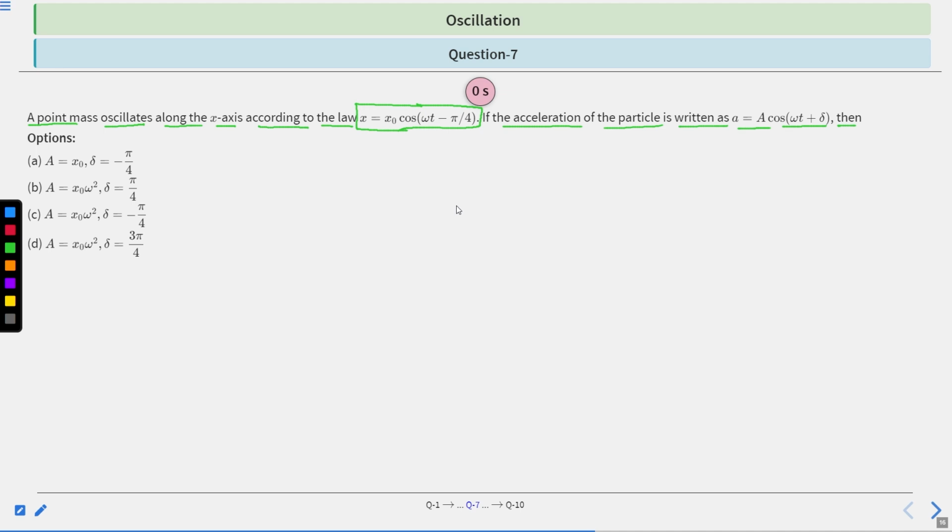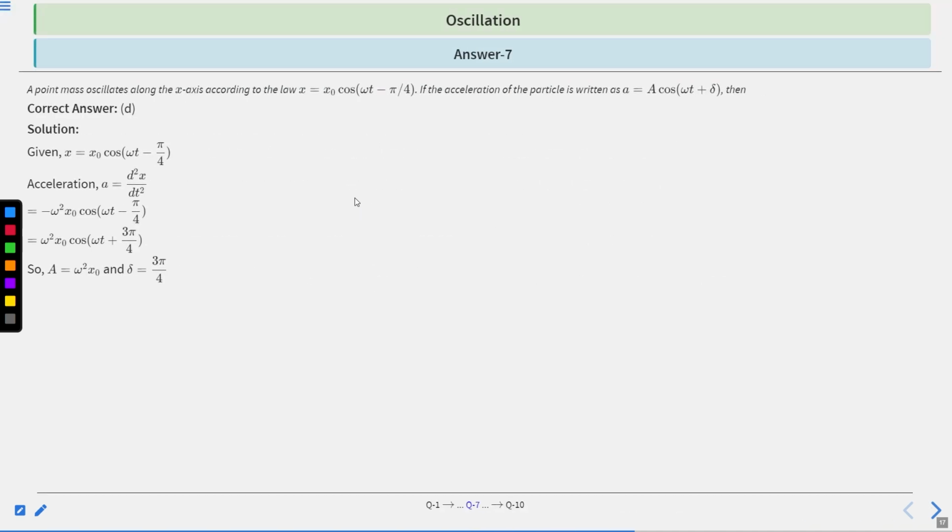Let's find a solution. Given x equal to x naught cos of omega t minus pi by 4. This is the x which is given in this question. So acceleration is the double derivative of this displacement x, d square x divided by dt square. When you take the double derivative, you will get a equal to minus omega square x naught cos of omega t minus pi by 4.